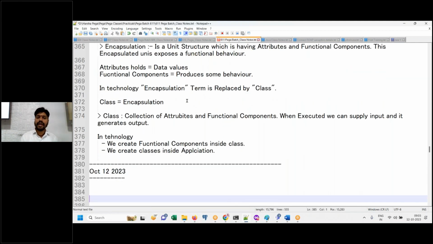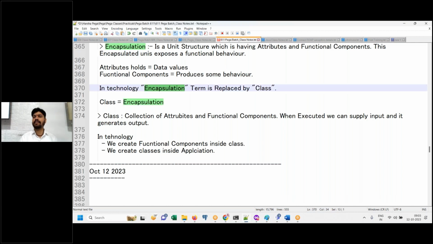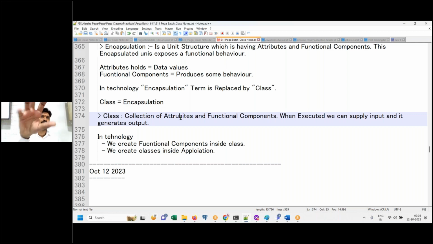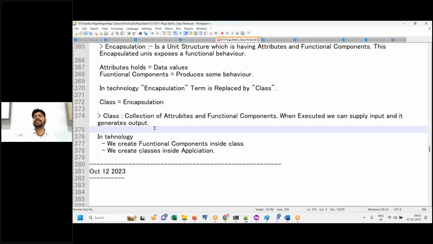See, the encapsulation concept has come into reality in the technology, in the name of class. Whatever was described in encapsulation has been implemented by the technology developers, who named it class, so the class definition is the same.